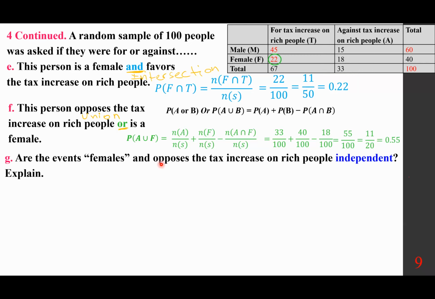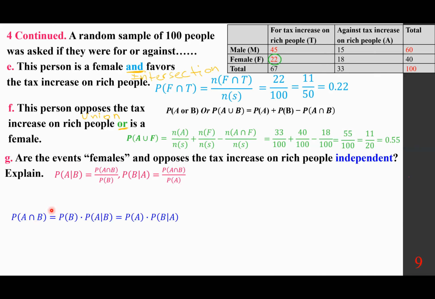Are the events females and opposes the tax increase on rich people independent? Explain. Well, probability of A given B is probability of A intersection B over probability of B. Probability of B given A is probability of A intersection B over probability of A. I want to remind you of a couple of things when it comes to that.